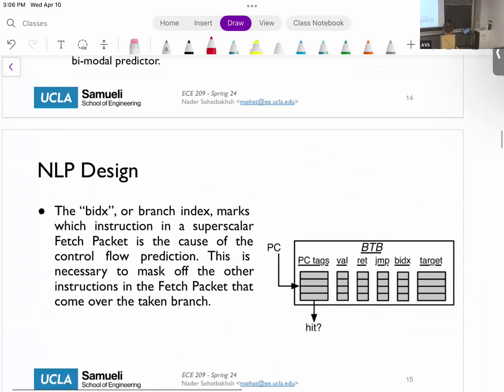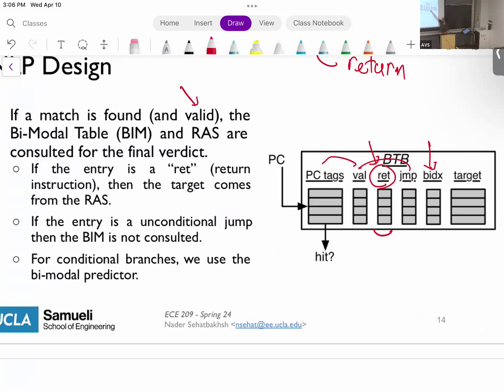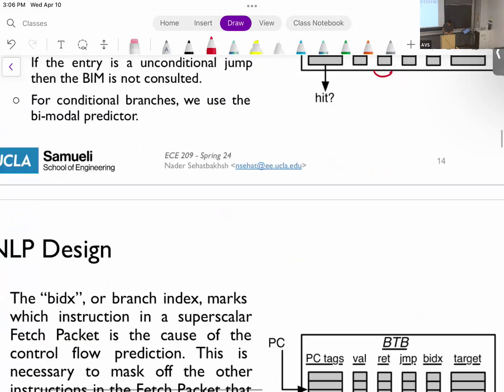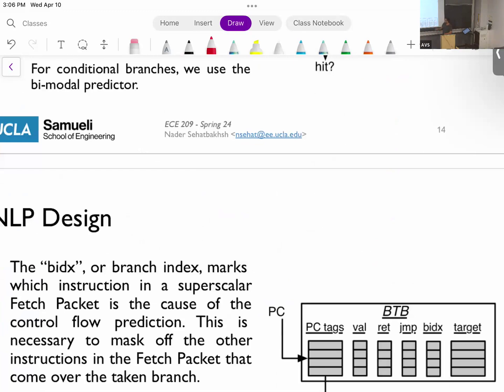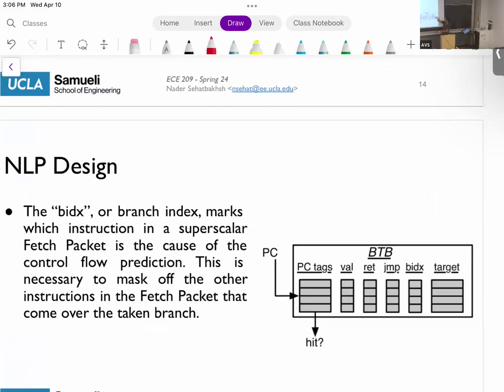All right. So let me talk a little bit more about this BIM, because it could be optimized a little bit more. This BIDX is the branch index. Essentially it tells you which instruction within that fetch packet is actually indeed the branch. Remember that you're reading, for example, 4 instructions at a time, and not necessarily all of them would be a branch.